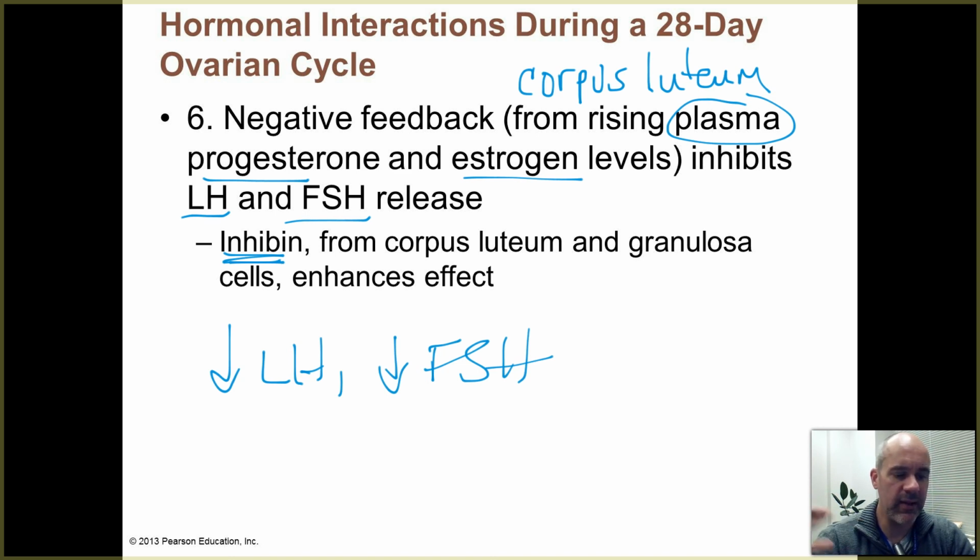And why do we need this happening? Let's say an egg has become fertilized. Ideally, in a female, you have one embryo that implants, you have one developing fetus in the womb at a time and not multiples. If LH and FSH were not suppressed by negative feedback, they could be stimulating additional ovulation to take place.